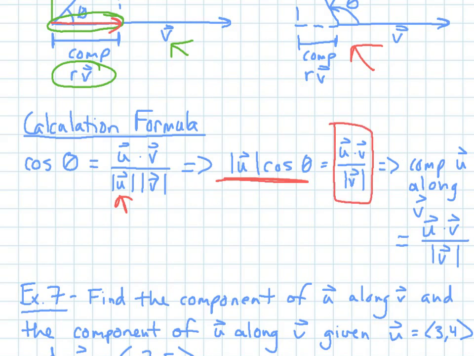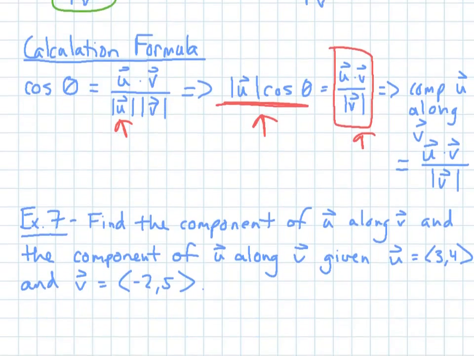And that's going to be our calculation, because sometimes it's easier to deal with that rather than trying to find your angle. Now if you're given your angle and you know the magnitude of u, then certainly we can use the first one. But most of the time, the second one, the dot product and the magnitude of v, is easier to find, because then you don't have to worry about doing the inverse cosine of anything. And plus, that information is usually more readily available.